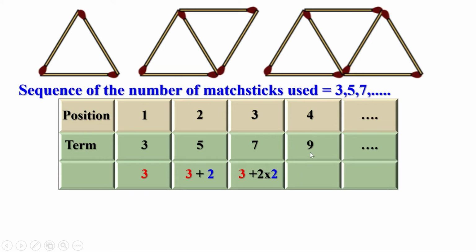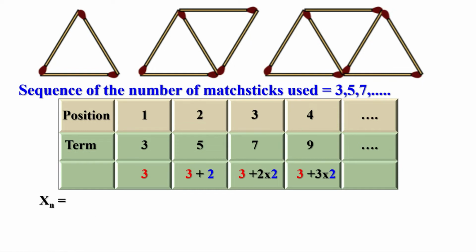Now how can you express 9? 3 for the first triangle and there will be 3 additional triangles. So 2 for each additional triangle, that is 3 times 2. That is, to make the first triangle we need 3 matchsticks. For each additional triangle we need only 2 matchsticks. So how can we find the nth term?